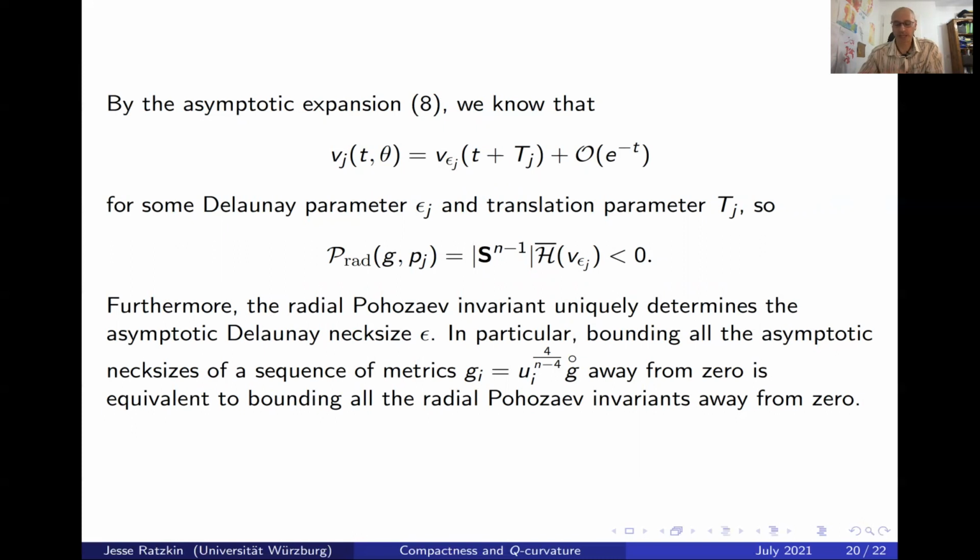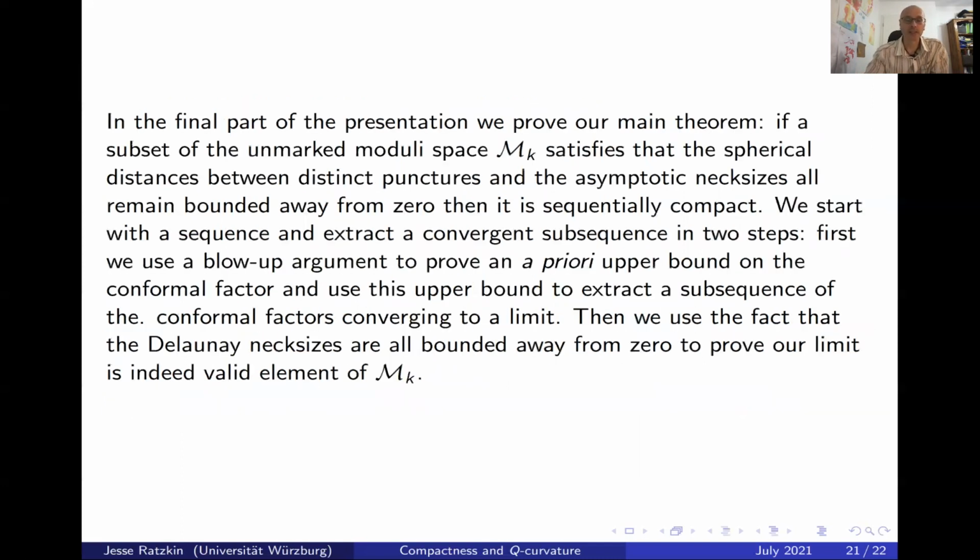So one of the key points about the Pohozaev invariant is that controlling these Pohozaev invariants is the same thing as controlling the neck sizes. In the final part of the presentation, we will sketch a proof of the main theorem.